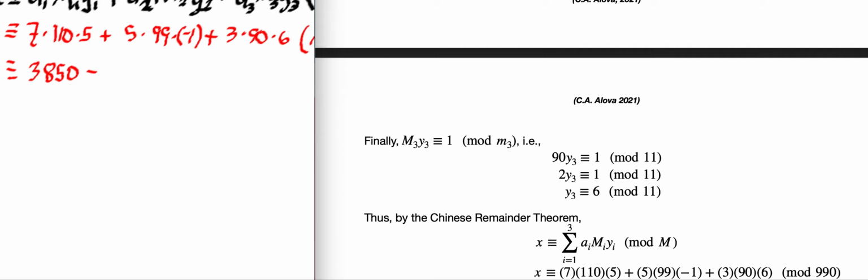We have 5 times 99 times 1. So 5 times 99 is 495. So minus 495 plus 3 times 90 times 6. So 3 times 90 times 6 is going to give us 1,620. And this is all in mod 990.